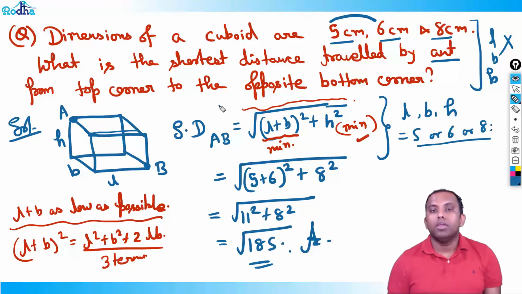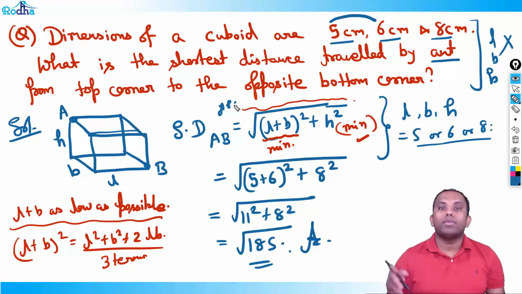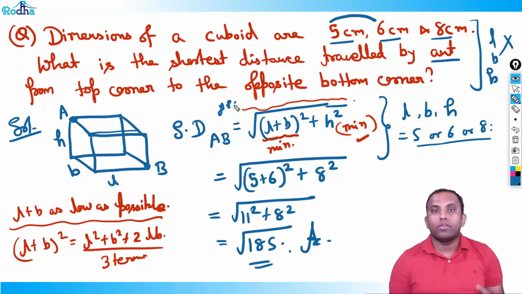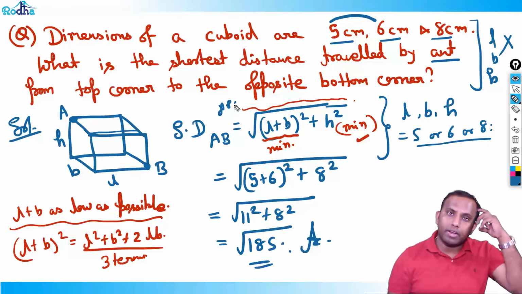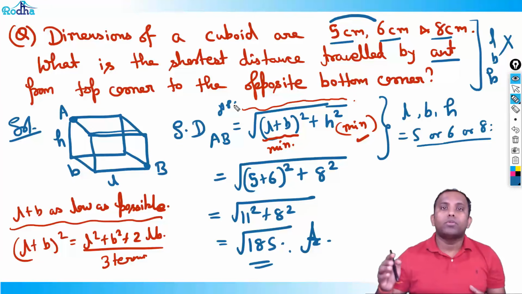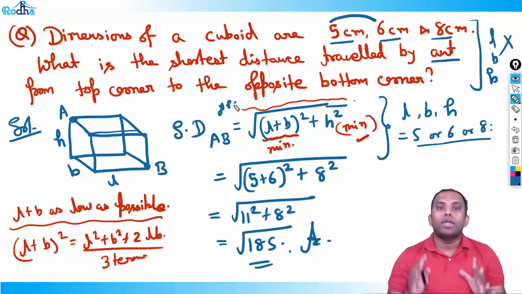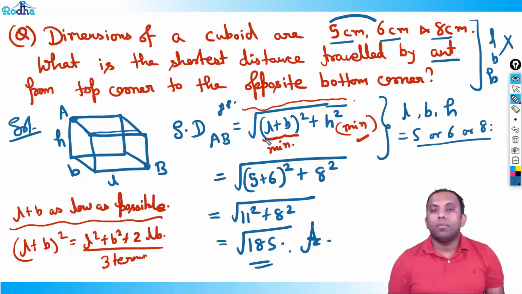If you get this concept, you don't need to do hit and trial, checking L and B as 5 or 6, 5 or 8, or 6 or 8. You don't have to calculate 3 times. Simply get the concept that since L plus B on expanding will become further large, I have to keep L plus B as low as possible.